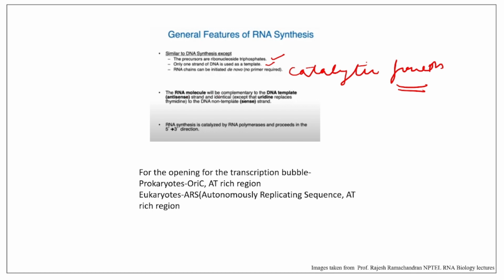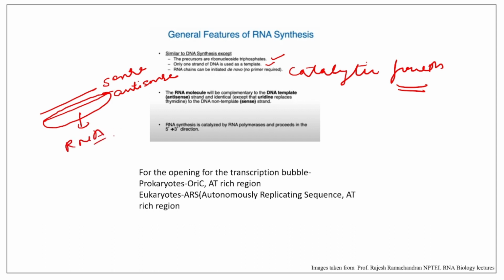The RNA molecule will be complementary to the DNA template. So if this is your DNA, sense, antisense. This antisense is the strand which acts as a template. So RNA would be complementary to the antisense strand.